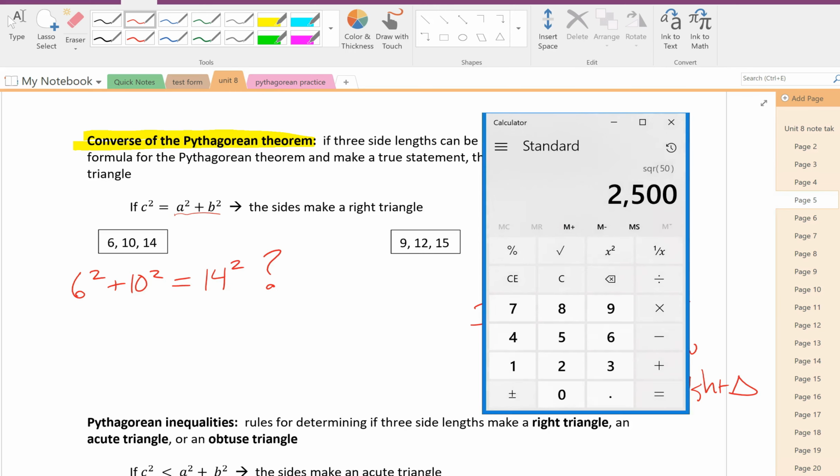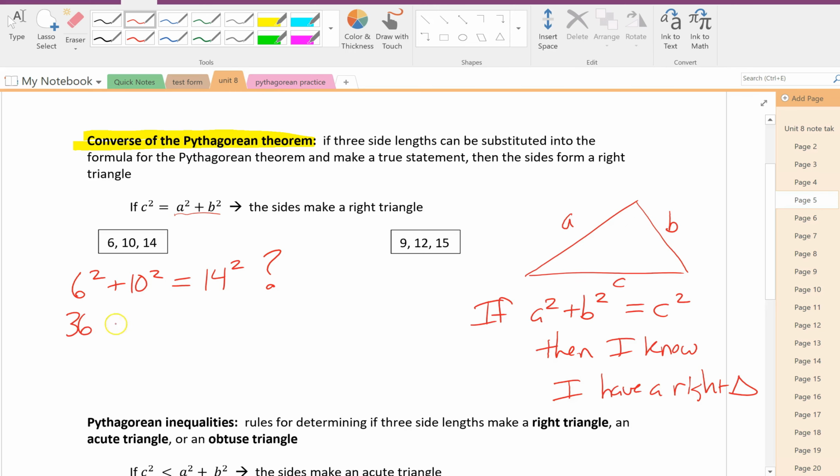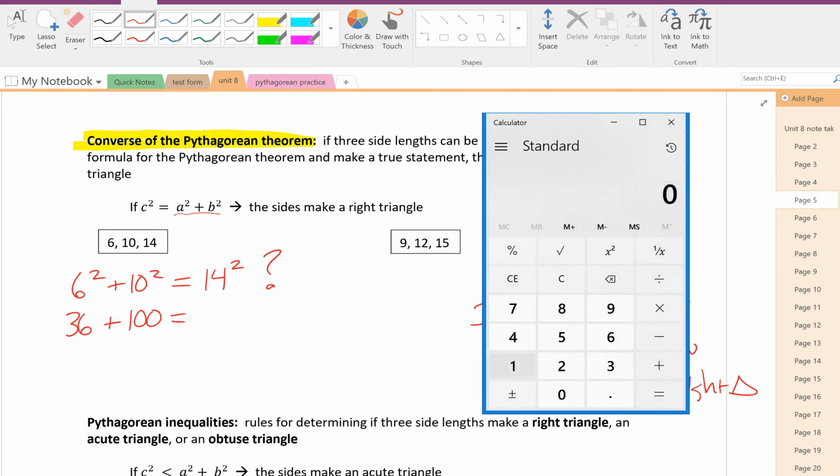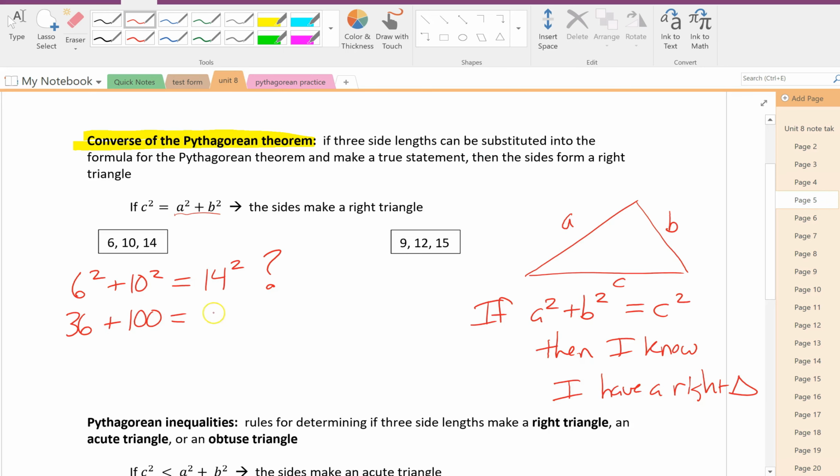Well, it's pretty easy to check. 6 squared I know is 36. 10 squared I already know is 100. 14 squared is 196. You can probably see that 36 and 100 is not going to add up to 196. So no, if I have a triangle with side lengths of 6, 10, and 14, it cannot possibly make a right triangle.